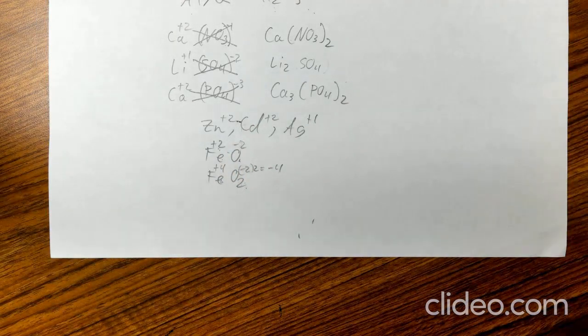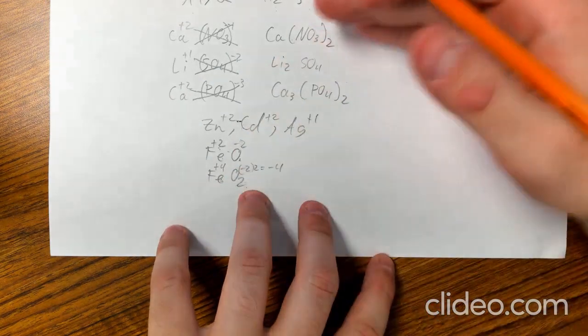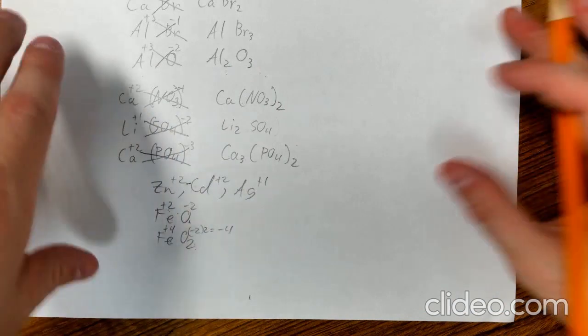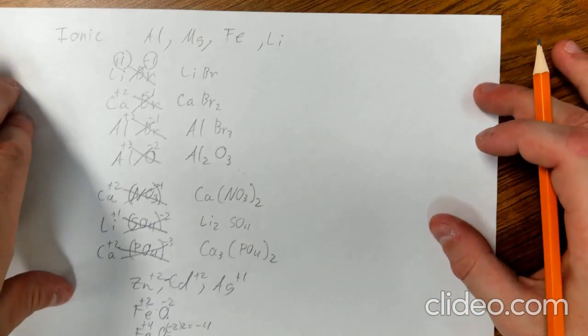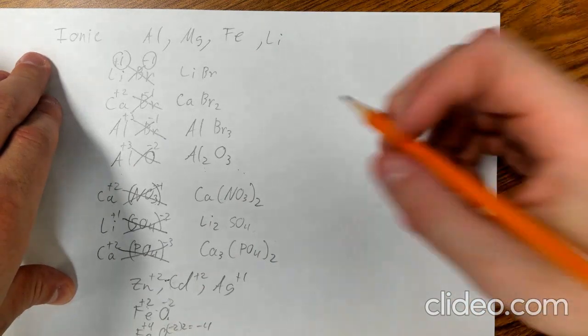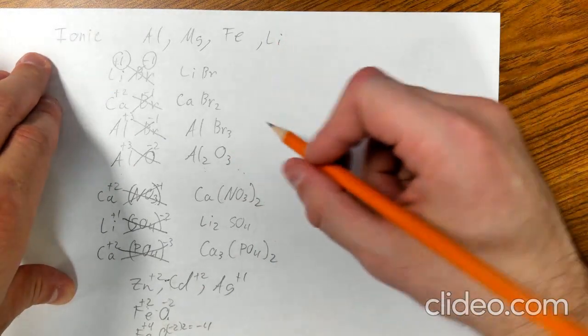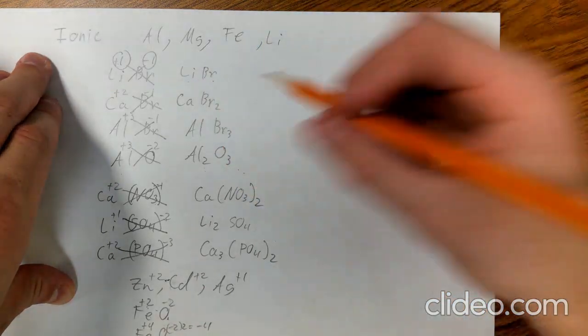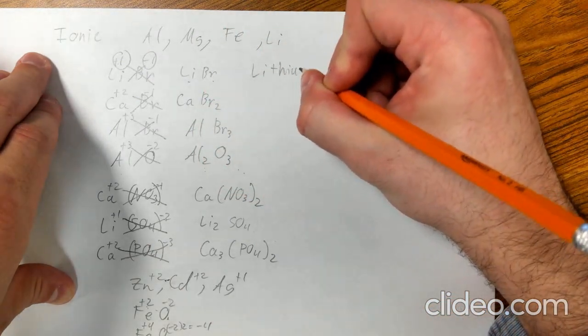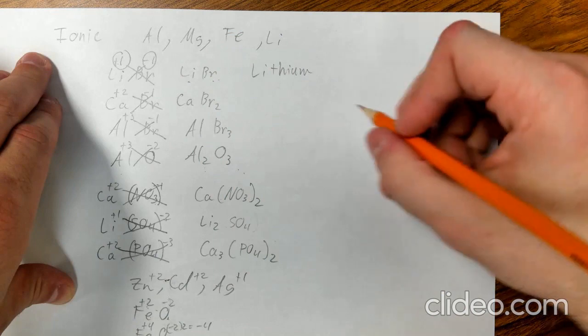Now, when it comes to the naming, everything besides the transition metals is pretty easy. It's always just going to be the name of the metal and the name of the other element ending in "ide," or a polyatomic. So for these guys up here, since it's just 2 elements, I have lithium, I have bromide.